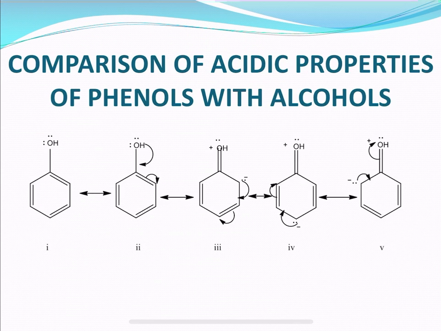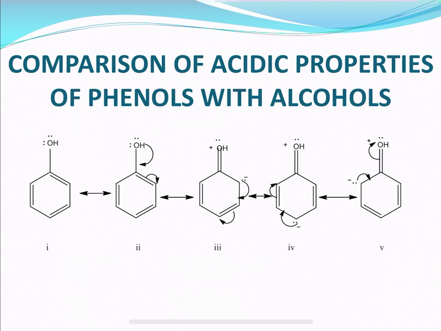Next, we have to concentrate on the comparison of acidic properties of phenols with alcohols. As I said, phenols are more acidic compared to alcohols. The alcohol and alkoxide ion can each be represented satisfactorily only by a single structure.